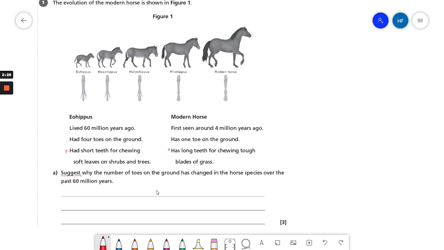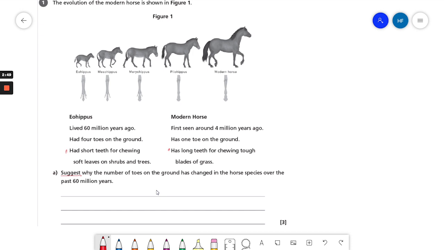And that makes sense because the modern horse's natural habitat is grassland. So the evidence suggests that the Eohippus and the modern horse lived in very different conditions. So it might have been that having fewer toes made it more efficient to move around.